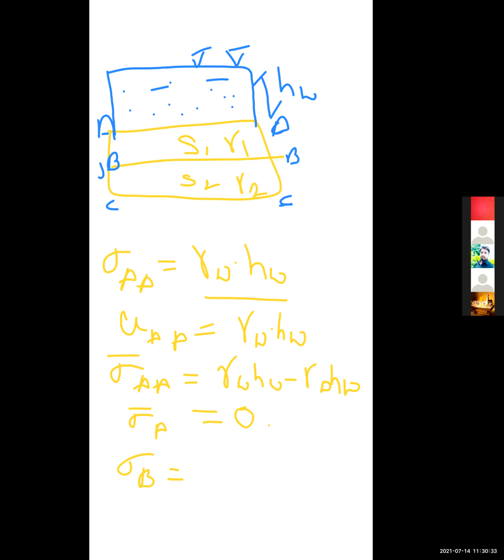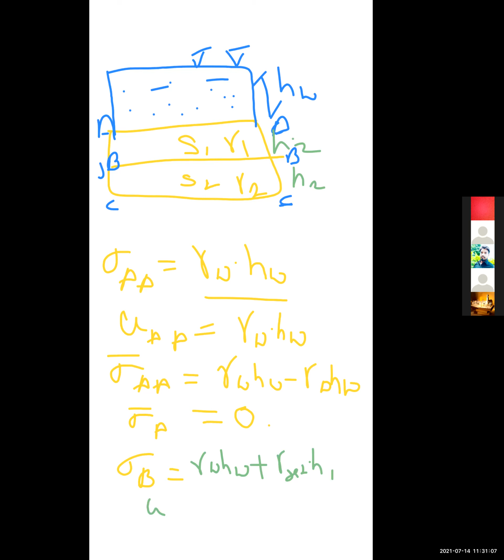A to B height is H1, B to C height is H2. Gamma W into HW plus gamma sat into H1. So at B, gamma W into HW plus gamma sat into H1.